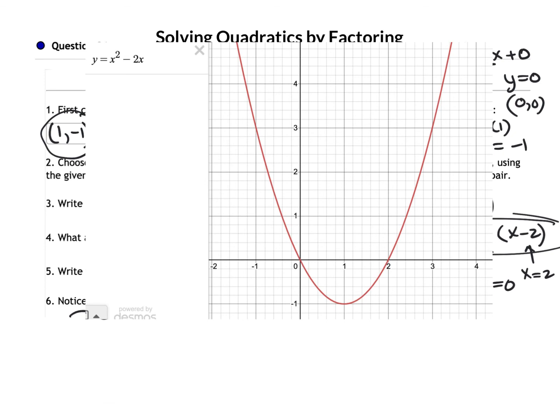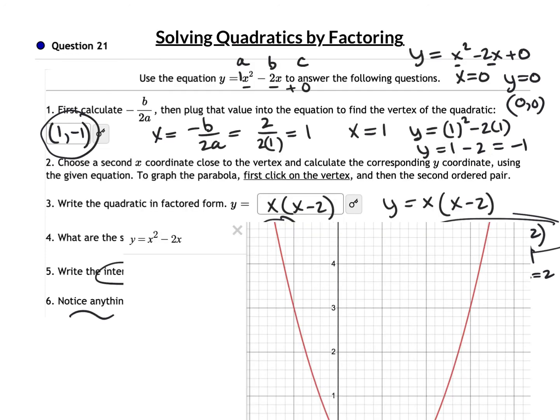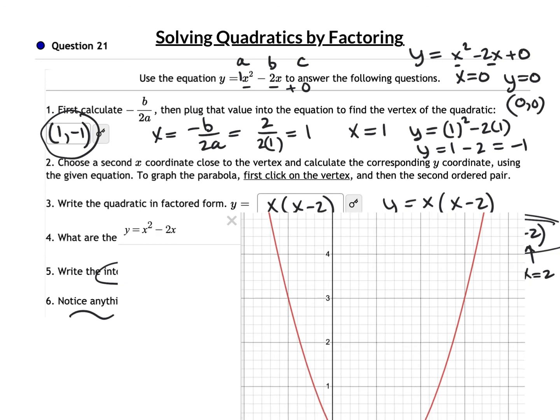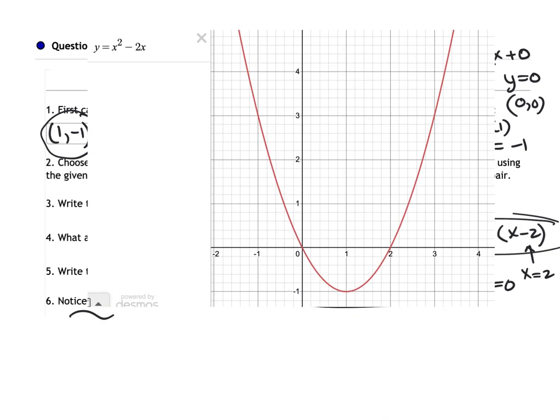And if you look at the graph, we can see that it hits at the origin, that's 0, 0, and on the x-axis at 2, 0. We can see the vertex that was 1, -1, and we're down there at the bottom. Also note that the axis of symmetry is the vertical line x equal 1. It always goes through the vertex and has the same x as the vertex.